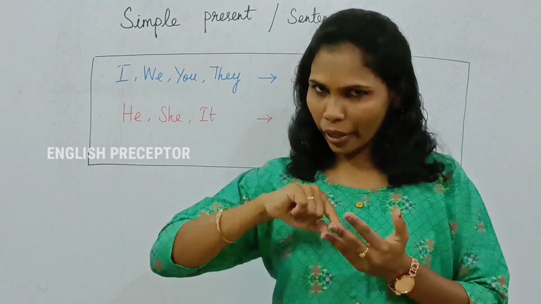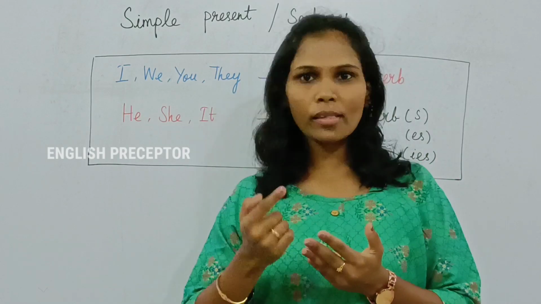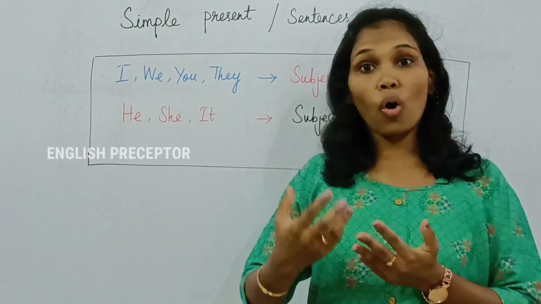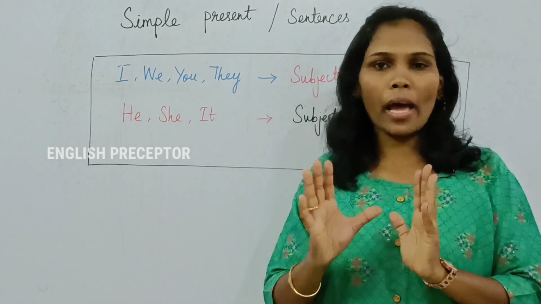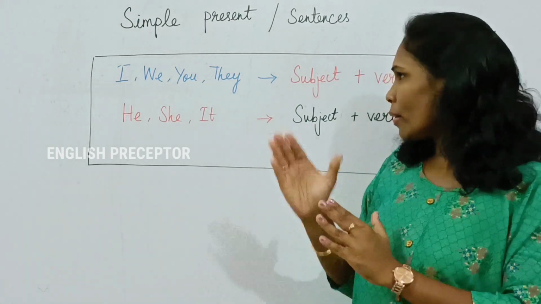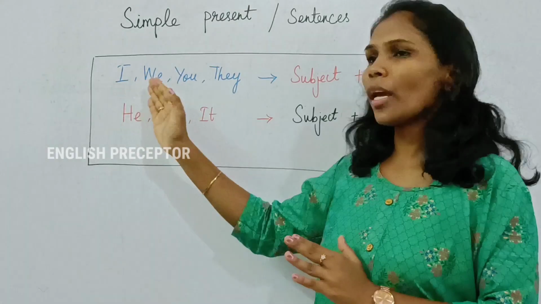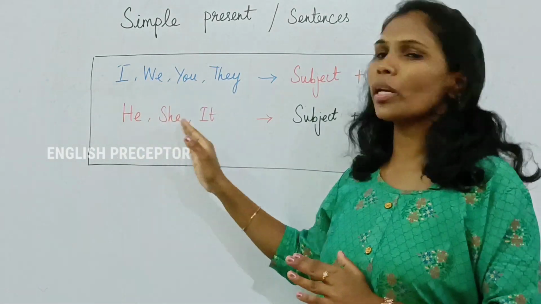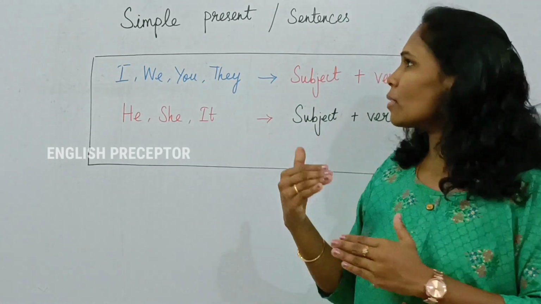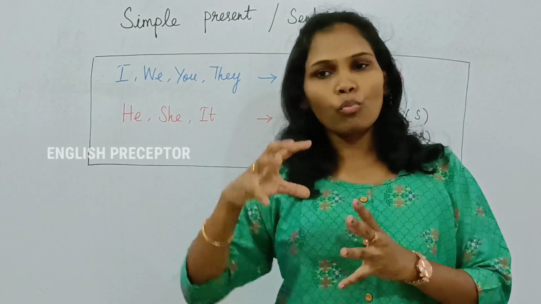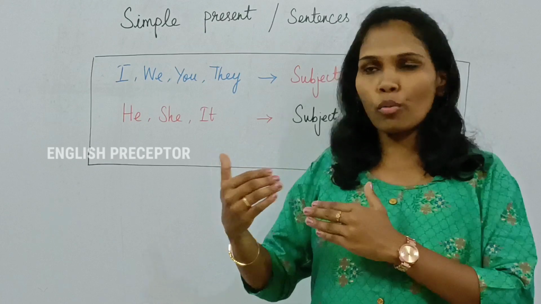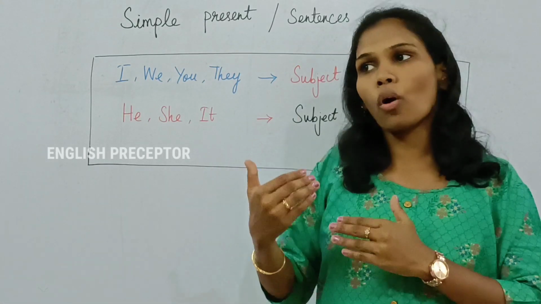The subject means I, we, you, they, he, she, it. But how can we make a sentence in simple present? The action we do daily, or a regular action, or routine work, or a frequent action, or often, sometimes, always.